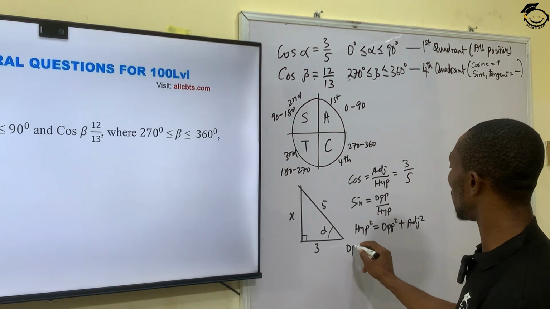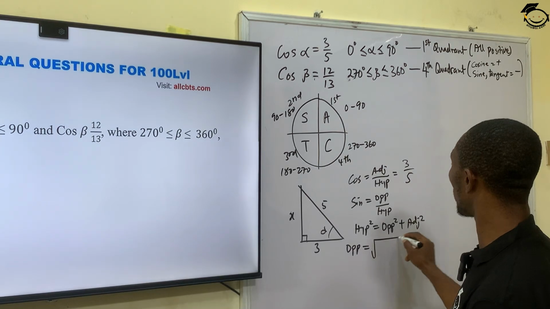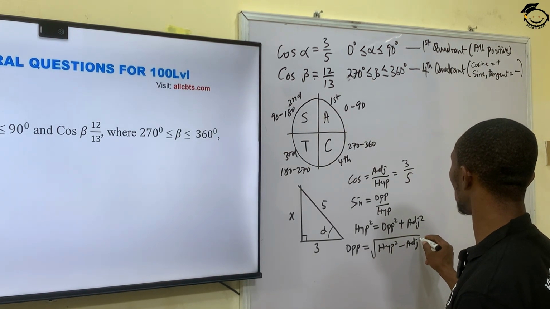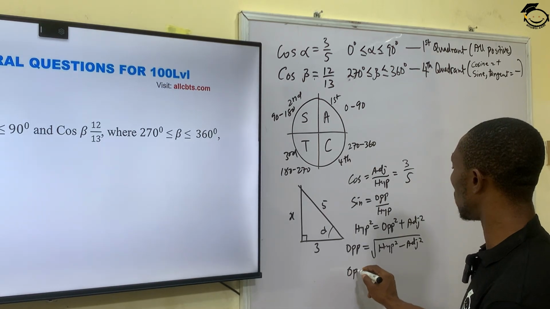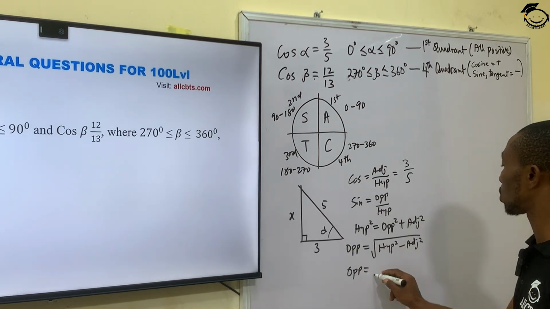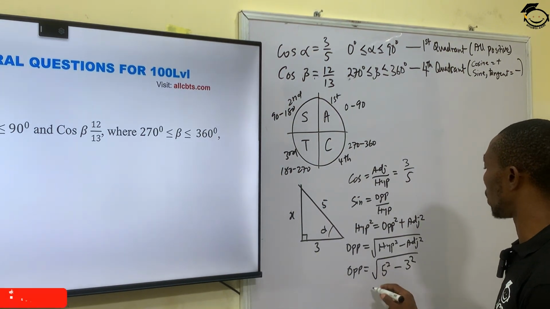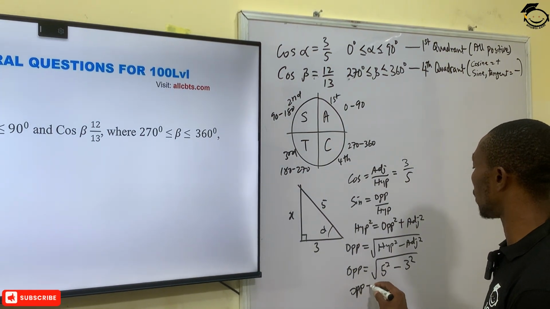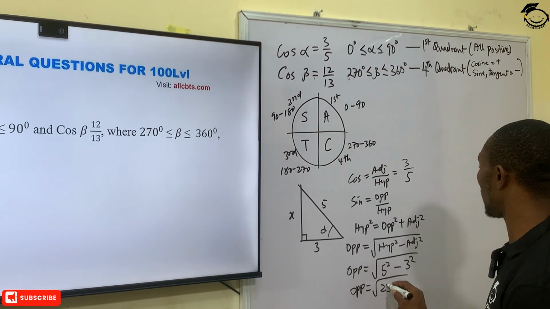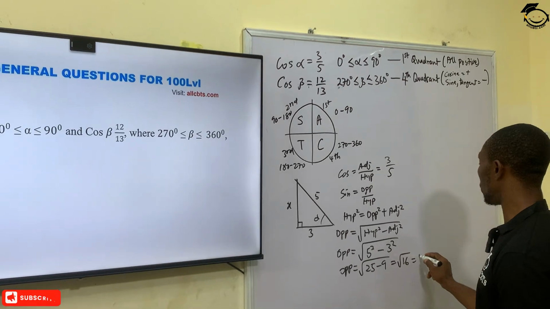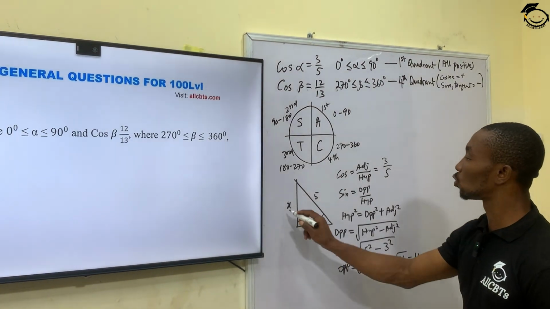So our opposite would be the square root of hypotenuse squared minus adjacent squared, which is root 25 minus 9, which gives us root 16, which is 4. So our opposite will be 4.